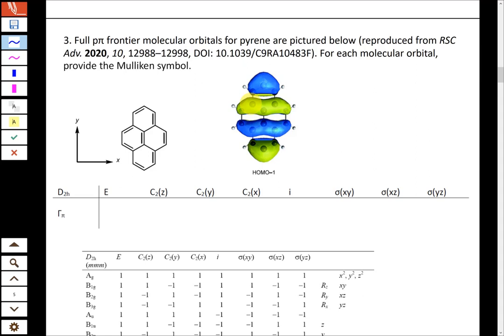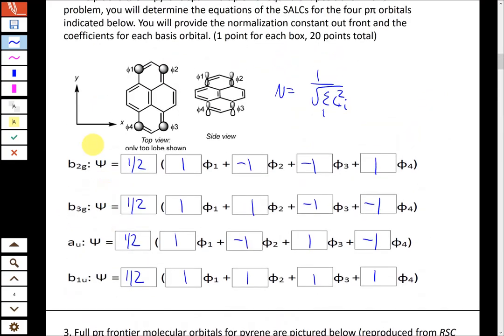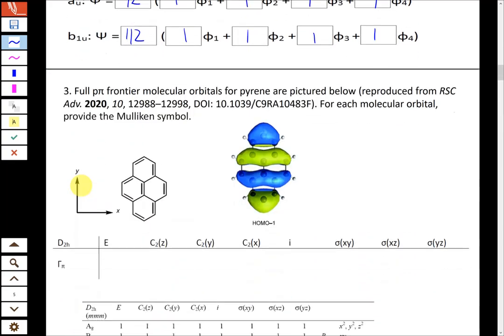Now there are two ways we can do this. The first is that if you trust what you did up here, this is going to be phi 1, phi 2, one more down, phi 3 and phi 4, in the way that I normally know up there. So if you trust what you did up there, you could just compare your equations to what the SALC looks like.